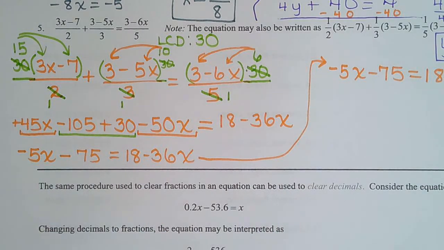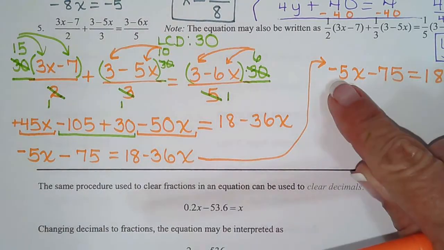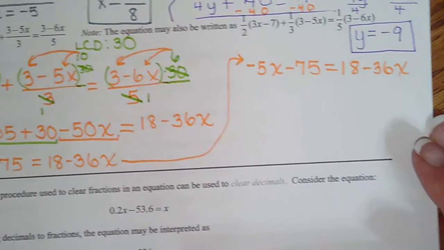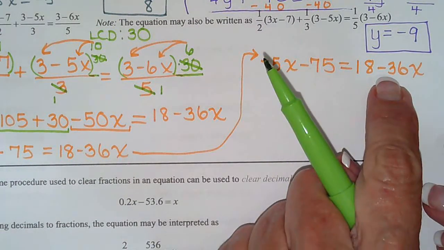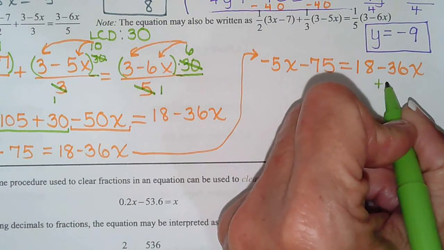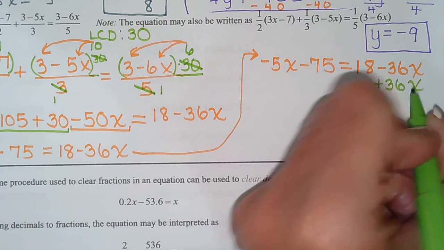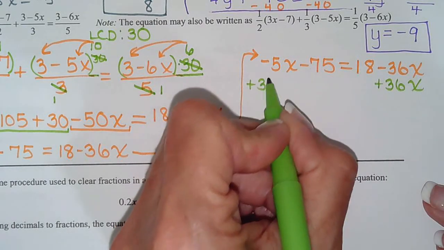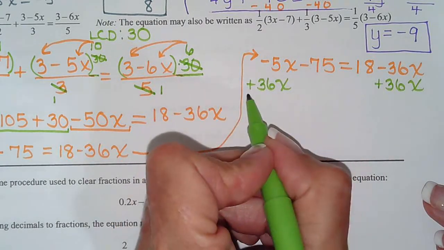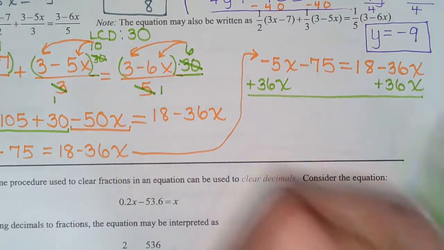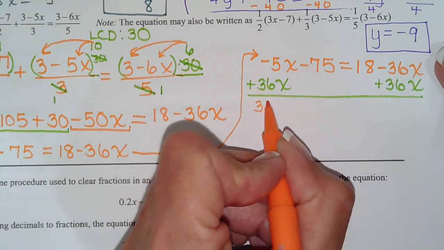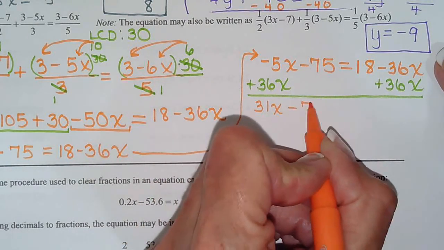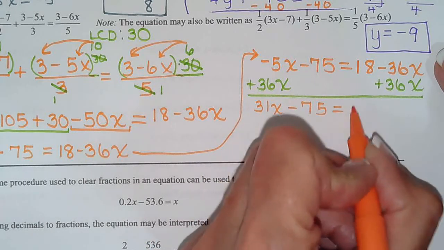First we want all of our x's over to the left. So to move that 36x over, I have to do the opposite. The opposite of subtract 36x would be add 36x and put it underneath its like term. And so now we have 36 minus 5, which would be 31x minus 75 equals 18.